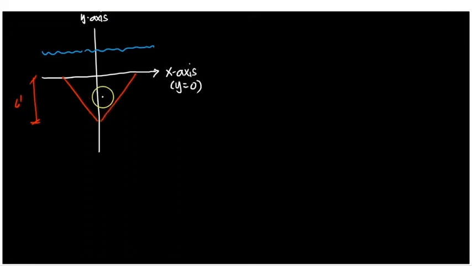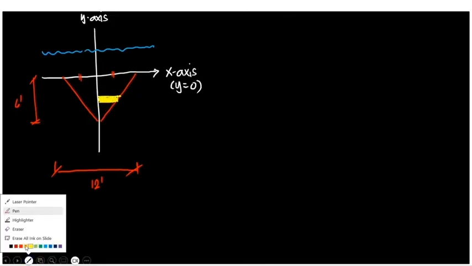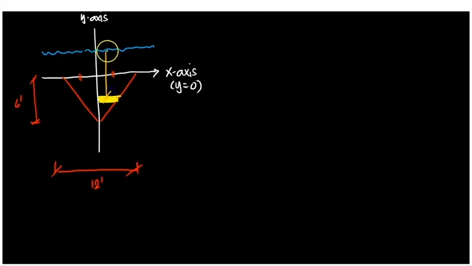Since it's isosceles, let's complete this first. From here to here, the triangle, that's 12 feet. So this is the same as this one, so we can just take half of it. And then let's draw the height. The height would be from the surface of the water. It so happened that this one is y equals 2. That is your height. This one is your dH, or sometimes you want to call it dW.